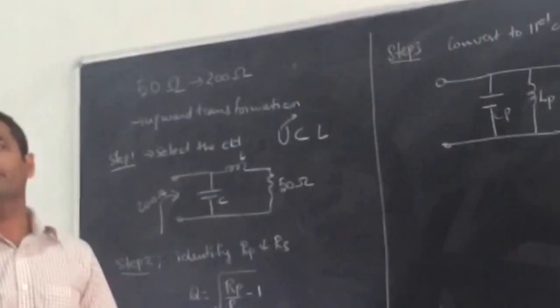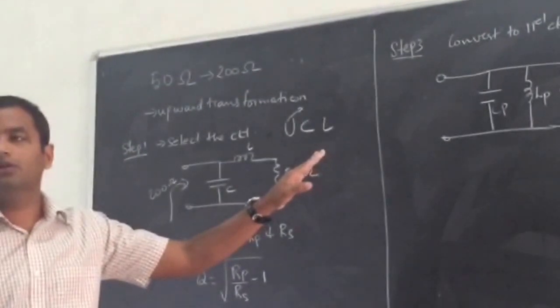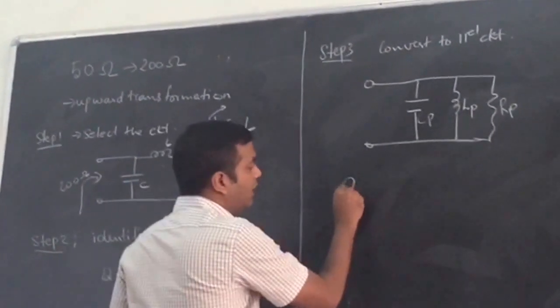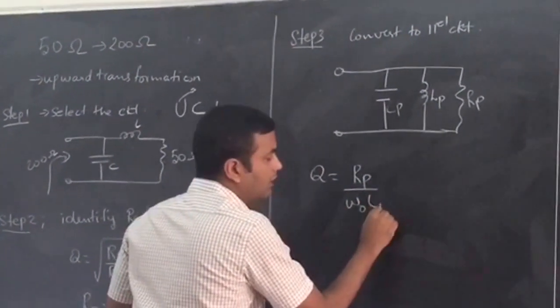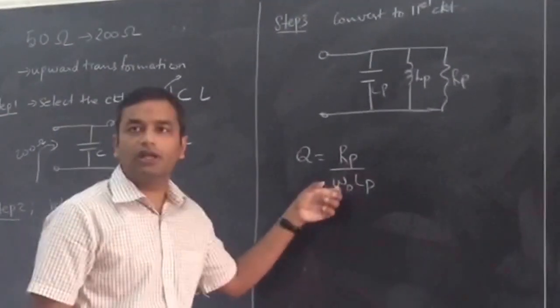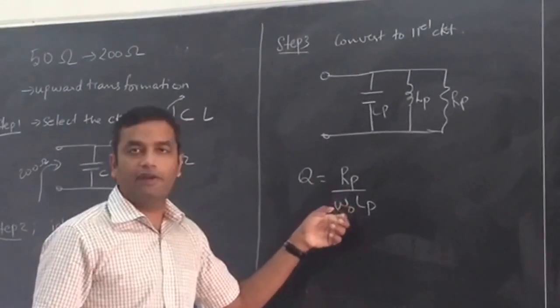What is the formula? This is a parallel circuit. What is the Q of a parallel circuit? Q is equal to RP by omega naught LP. Omega naught, can you find out? It is 2 pi F. I have given you F, so it is available.